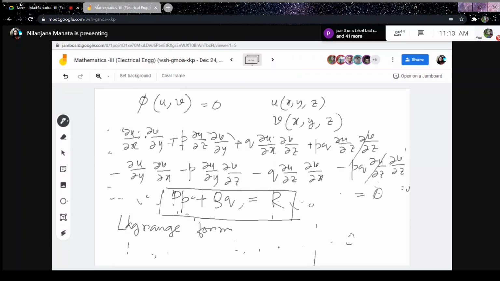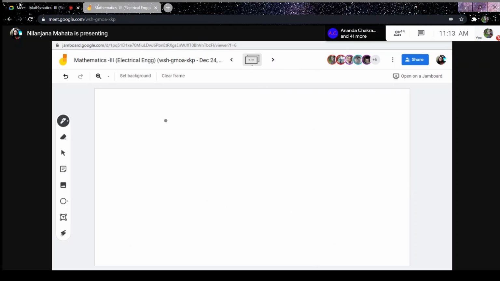And you can see, since it contains p and q, this is a partial differential equation, and its solution is phi(u, v) equal to 0. From these we have got this partial differential equation where you have to find this u and v equal to constants, and you will get the solution.